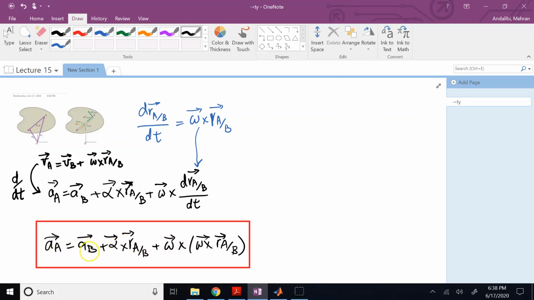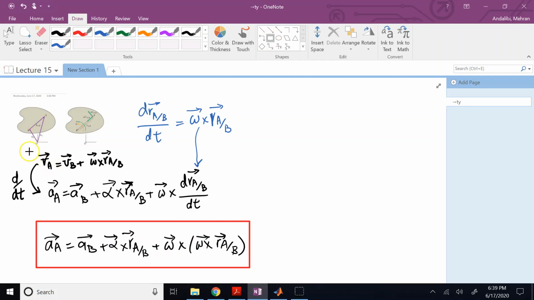You get a of A equals a of B, which is the definition of translation. Acceleration of all points are the same. If, on the other hand, the object rotates about point B, so B is a permanent fixed point, so a of B is going to be 0, then a of A is going to be the tangential term plus the normal term, which we had back in chapter 13. Now that it is general motion, you basically add both of them together.